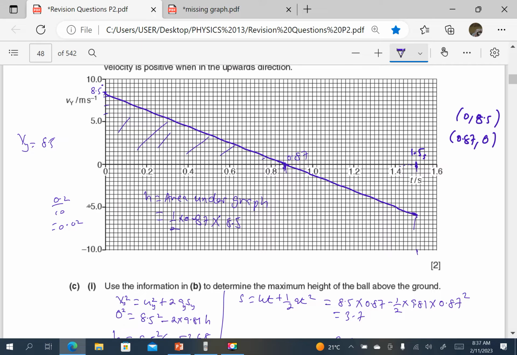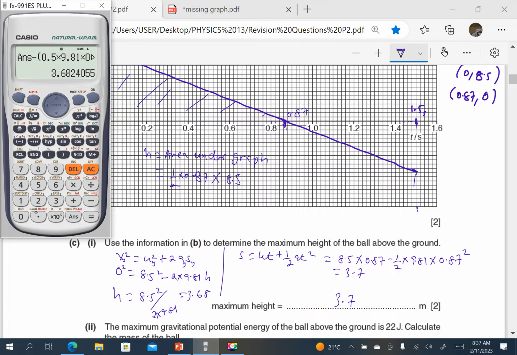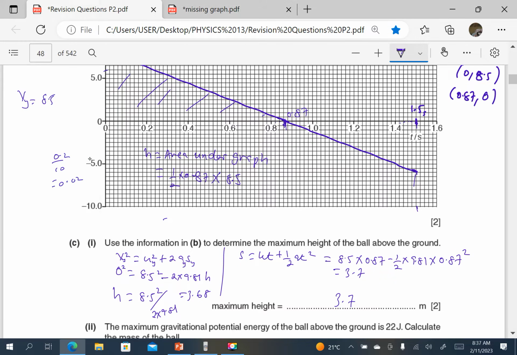So this is 0.5 times 0.87, which is the base, times 8.5, which gives us again 3.7 meters. So we could use any of those methods to find the maximum height.